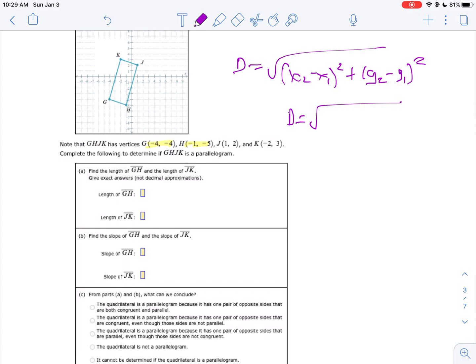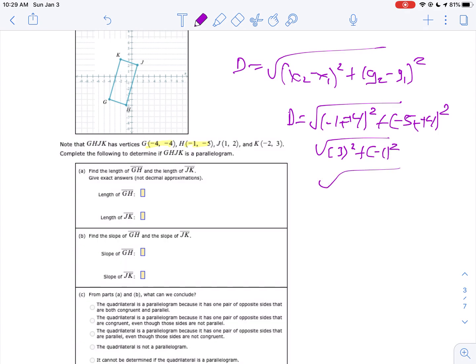So -1 minus -4 squared plus -5 minus -4 squared. Well, -1 minus the -4 is -1 plus 4, so that's 3 squared. -5 plus 4 is -1 squared. We square that, we get 9 plus 1, which is the square root of 10.